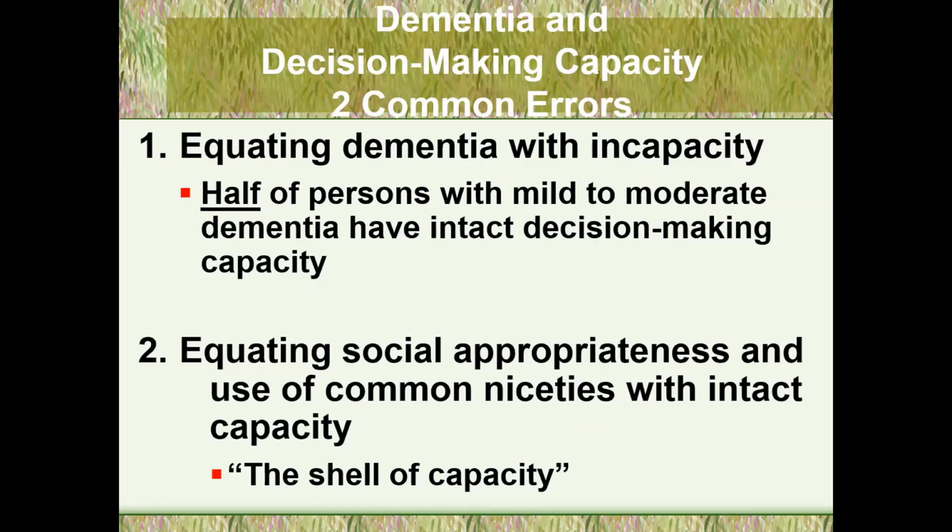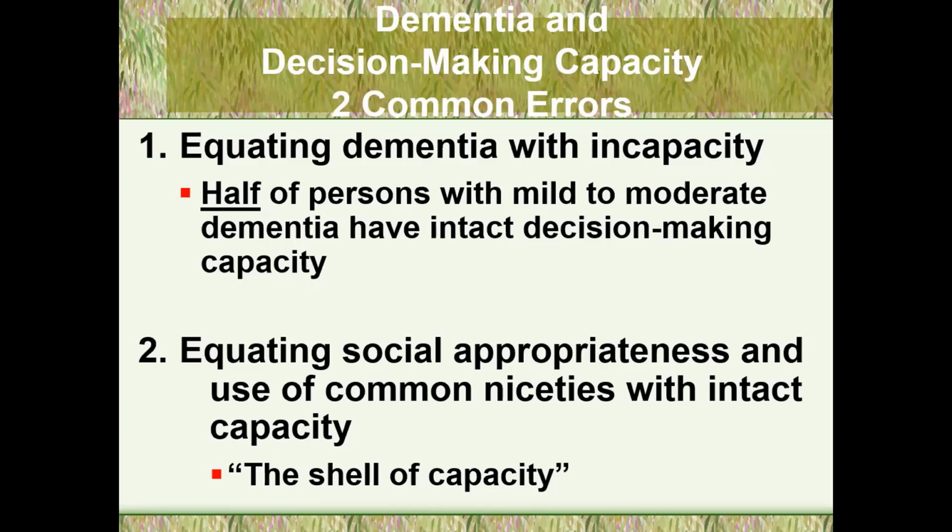Half of people with mild to moderate dementia, that is to say significant cognitive dysfunction, have intact decision-making capacity. And let me stress again, it's the decision at hand. Okay, they can decide what they want for dinner tonight, or they may be able to decide how they want to change their will. So it's the decision at hand. It's not a universal thing. Only a court can do that.